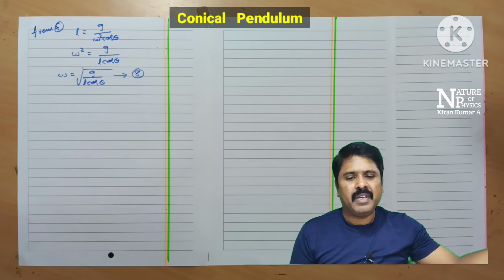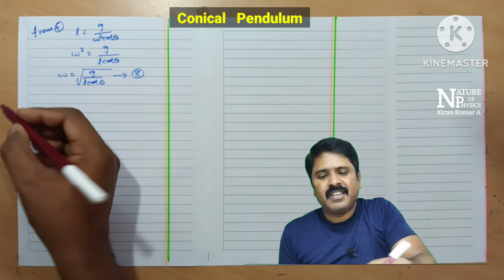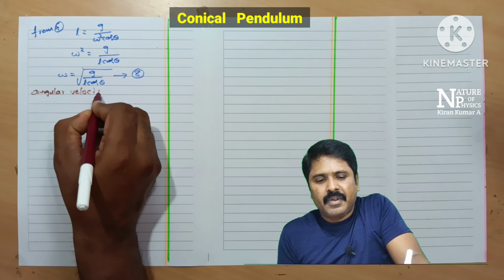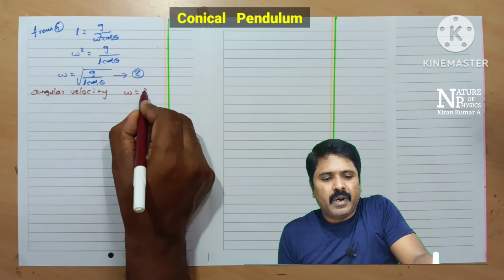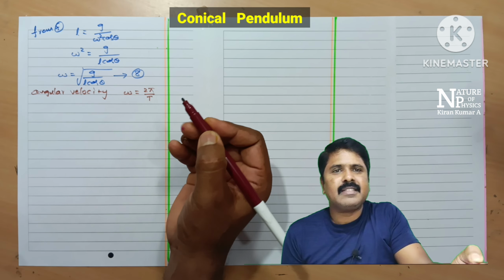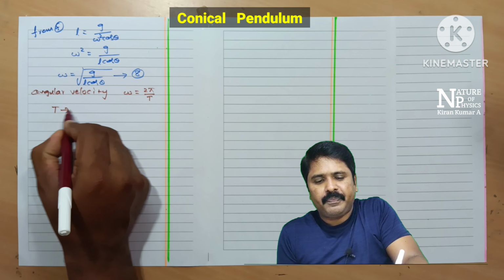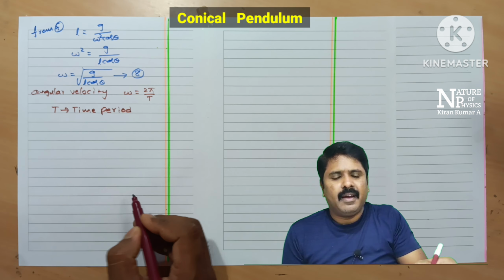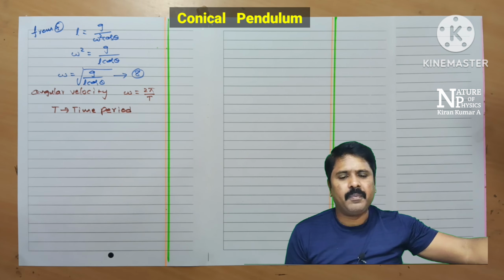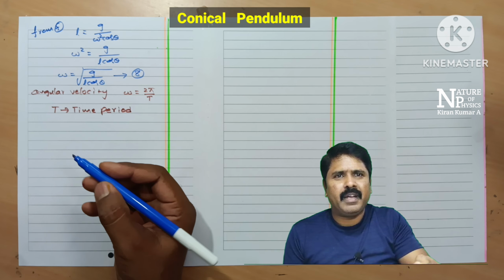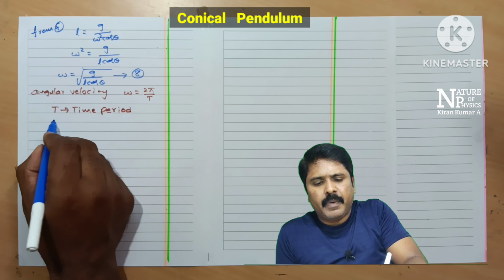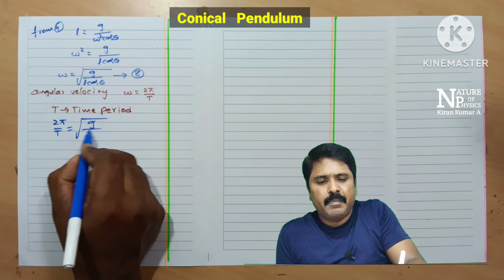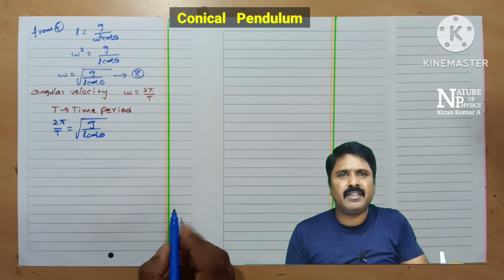Next step is omega. Omega is the angular velocity. So omega value is equal to 2 pi divided by T. T is the time period, student. Now replacing omega value, 2 pi by T is equal to root over g divided by L cos theta, student.